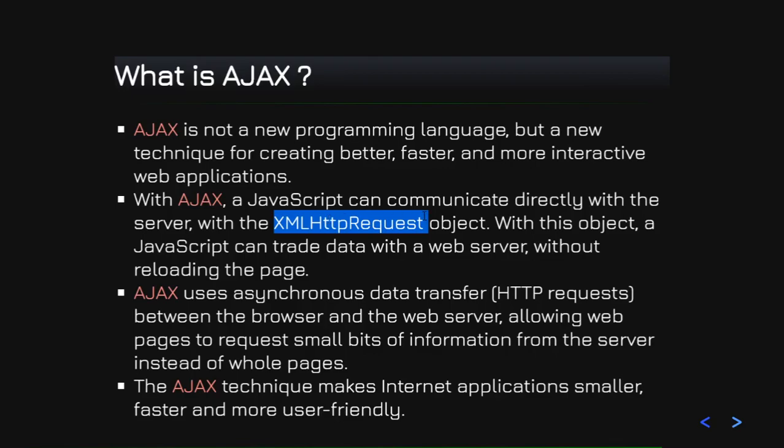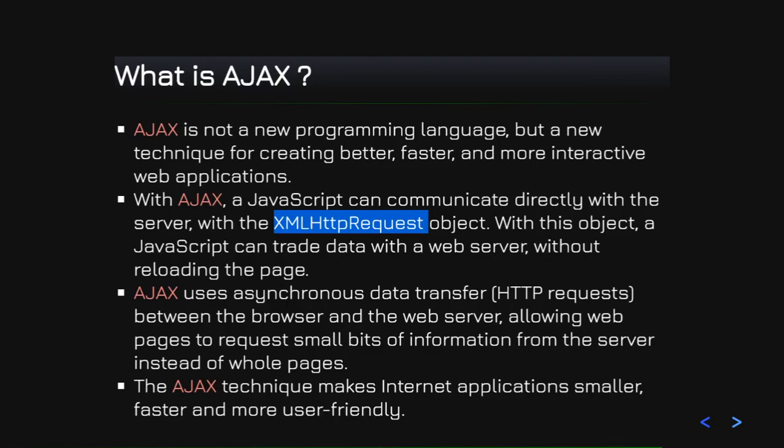With this object, JavaScript code can send asynchronous requests to the web server in a different thread than the JavaScript running thread of the browser. It sends a request to the server, gets a result, and in parallel adds that result to the currently loaded web page, which remains loaded. It doesn't get reloaded.